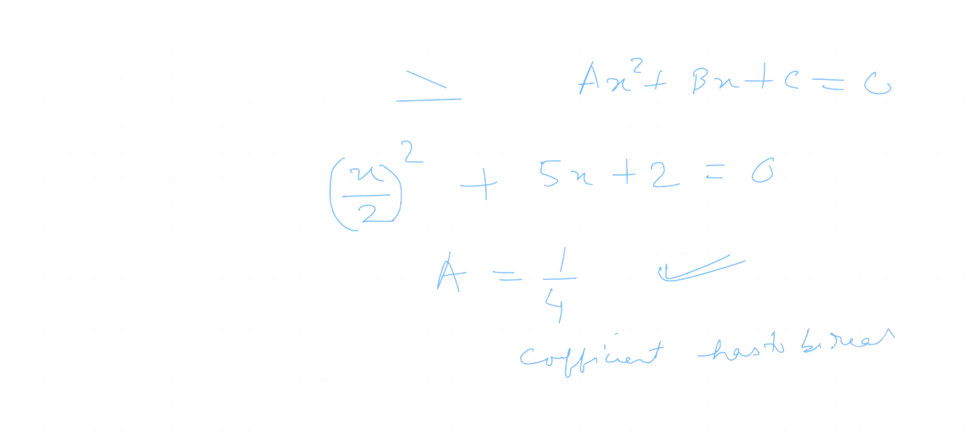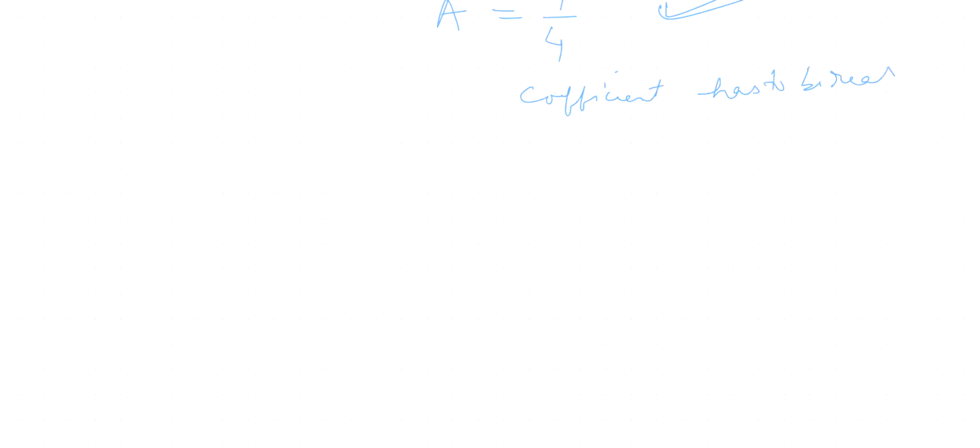But if I tell you that you have something like x to the power minus 2 plus x plus 4 is equal to 0, this will have a problem. Because if you want to compare it with ax square plus bx plus c, the x squared term is actually missing here.